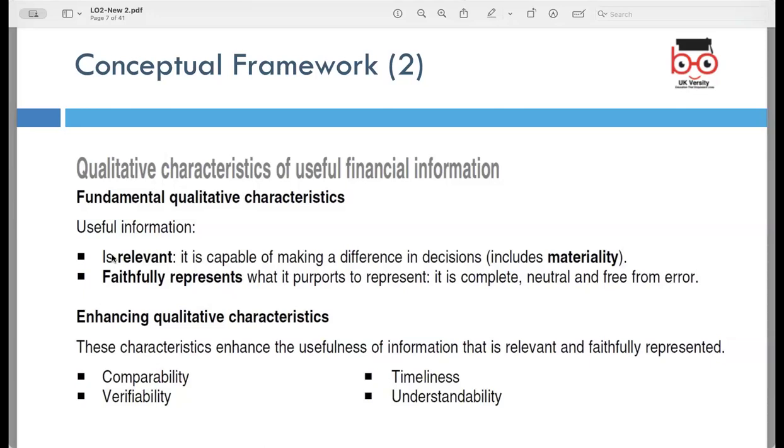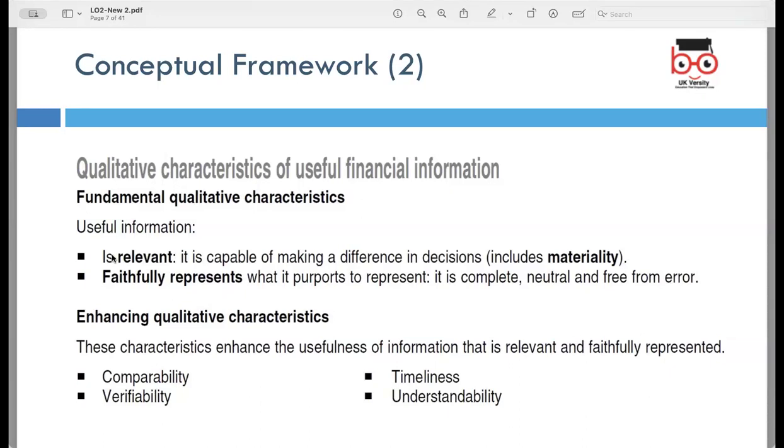Faithful representation: financial information must faithfully represent the economic phenomena it purports to depict.